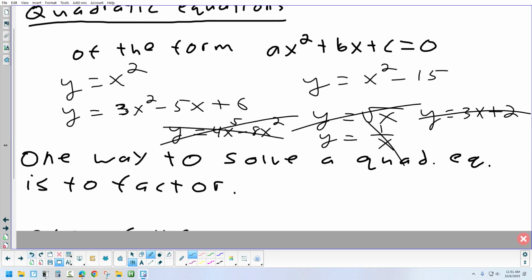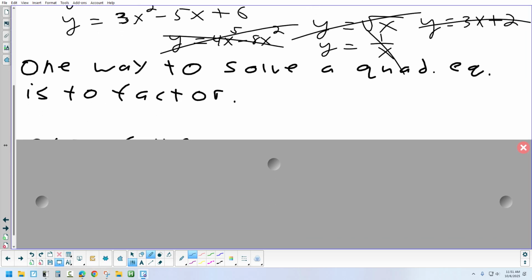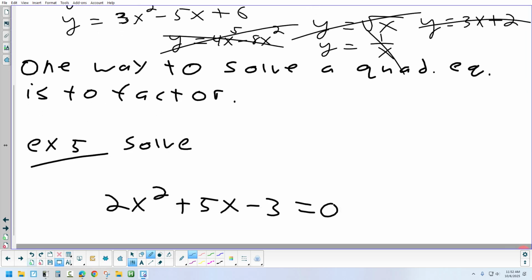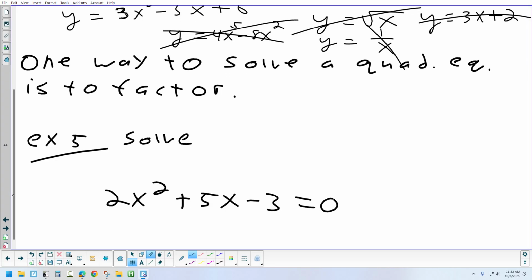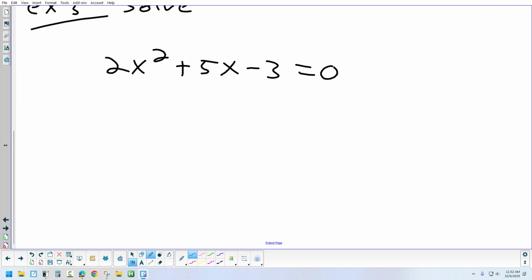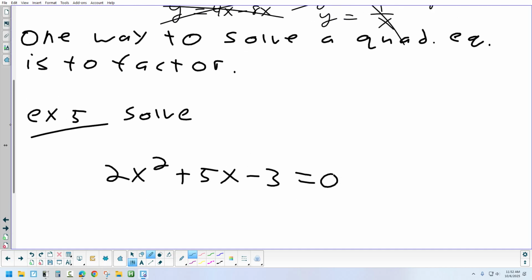All right, so one method we can use when we solve quadratics is to factor. Okay, so there's two main methods, factoring and quadratic formula. I usually try to factor it first. If I can't, then I go to quadratic formula. Okay, so if you don't remember, factoring is where you do your 2 sets of parentheses.